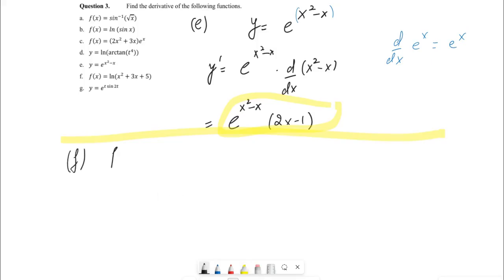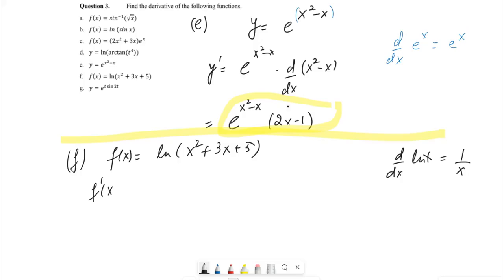f of x is natural log of x squared plus 3x plus 5. Remember, the derivative of natural log of x is 1 by x. Therefore, the derivative here would be 1 by whatever is inside, x squared plus 3x plus 5, times the derivative of the inside.